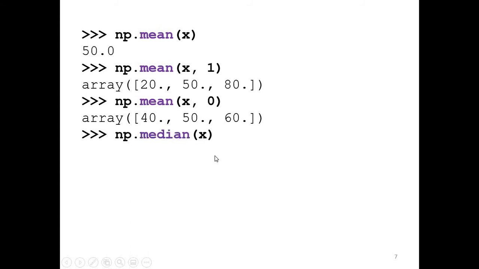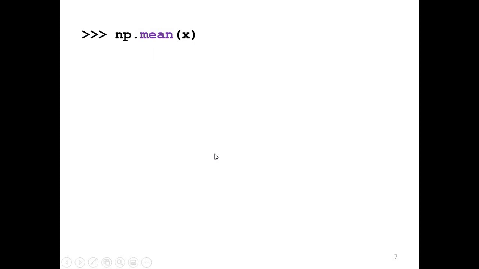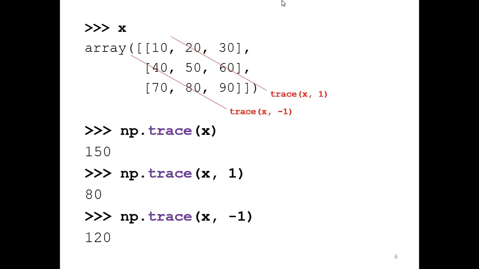So now in the same way, you have median. Median means you take a set of numbers and arrange them in order, then it is the number in the middle. So if you go back and look at the array here, and take the median of all the numbers 10, 20, 30, 40, 50, 60, 70, 80, 90, these are all ordered already.